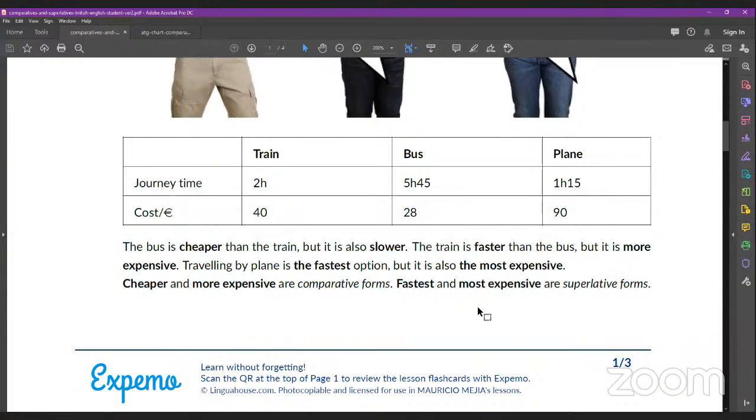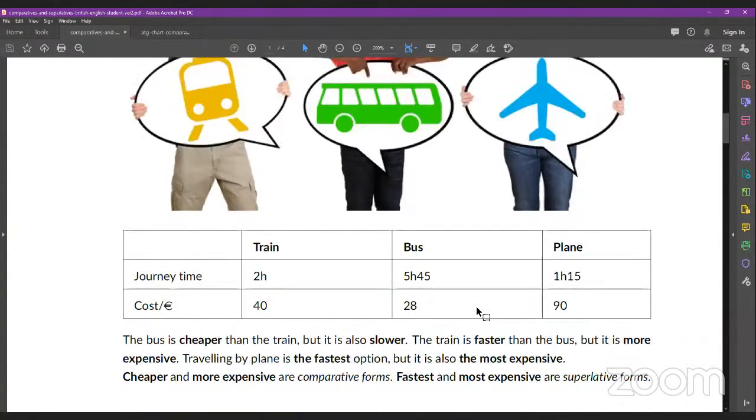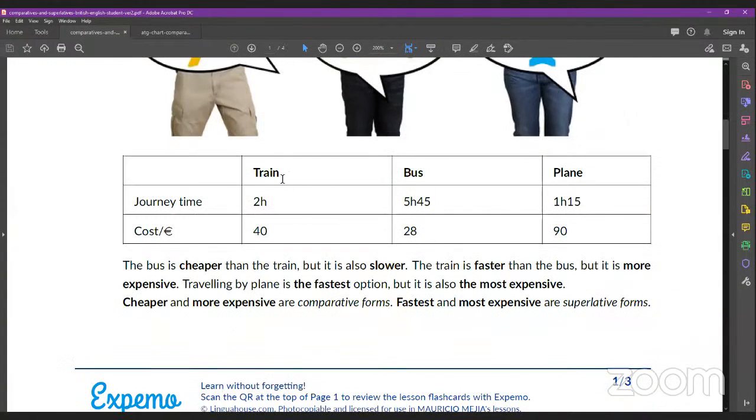What is this first activity? I want you to compare the means of transportation. It's up to you. You can compare train and bus, or plane with train, or plane with bus.